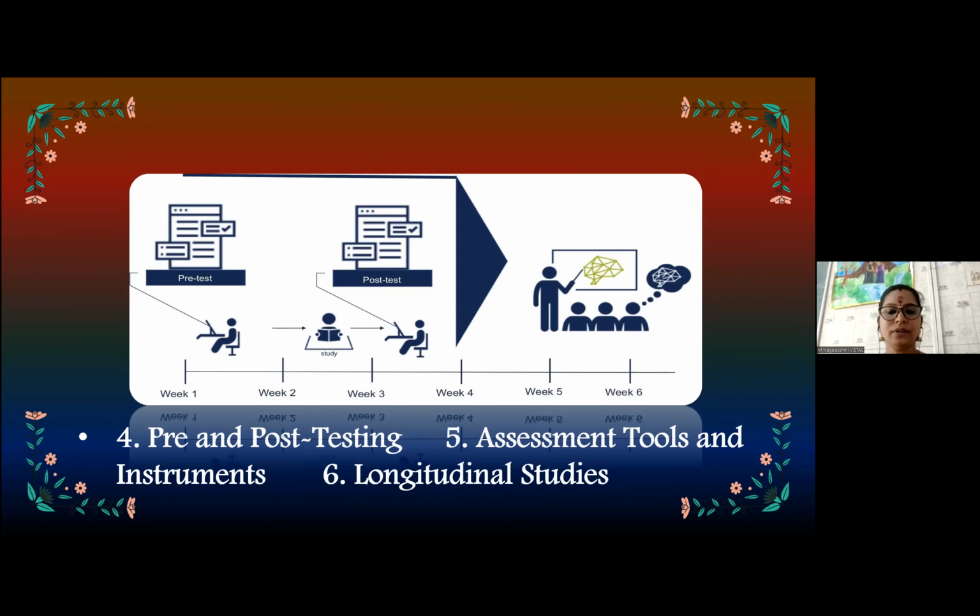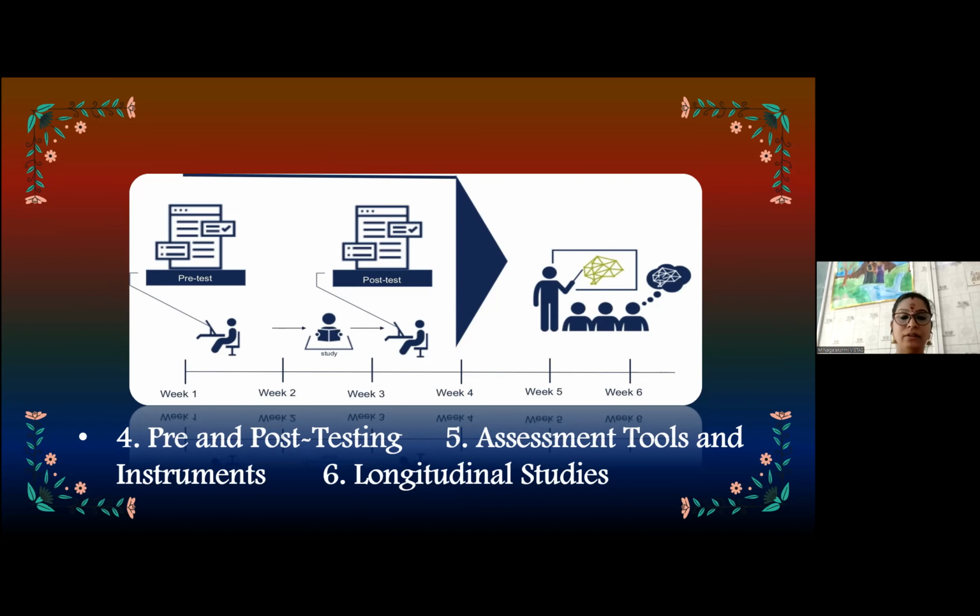They go through that. Then the post-test will be conducted and the results will be analyzed, right? Randomly assigning participants to either an LMS or a traditional classroom group ensures that the observed effects can be attributed to using LMS rather than other factors.